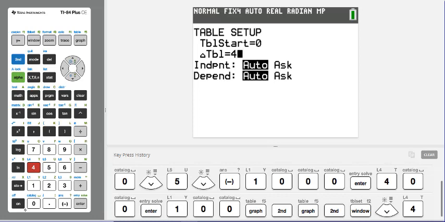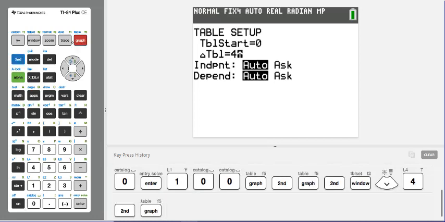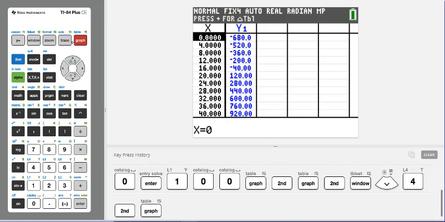Then let's go back and look. When our x is 0, we have the y-intercept. We know that's -680. And when the y is 0, we would have our x-intercept.